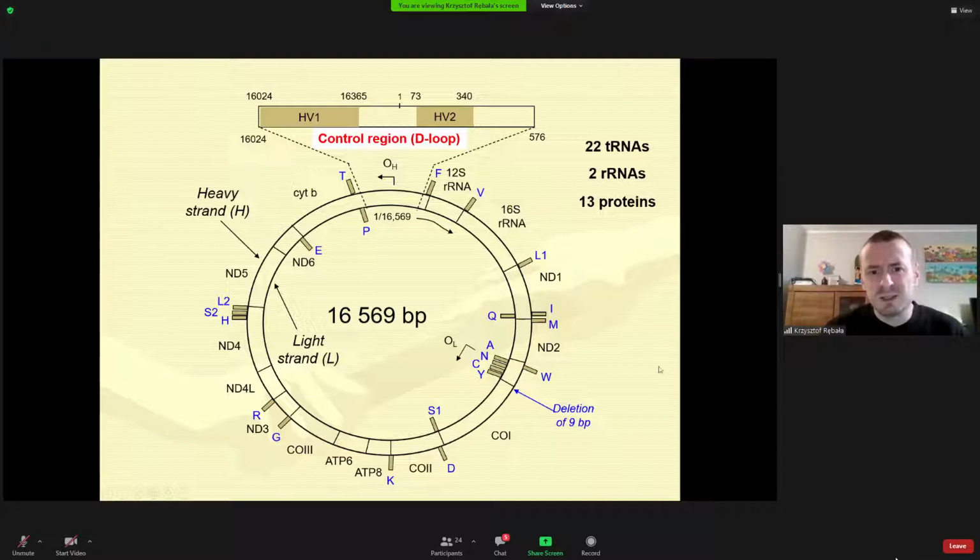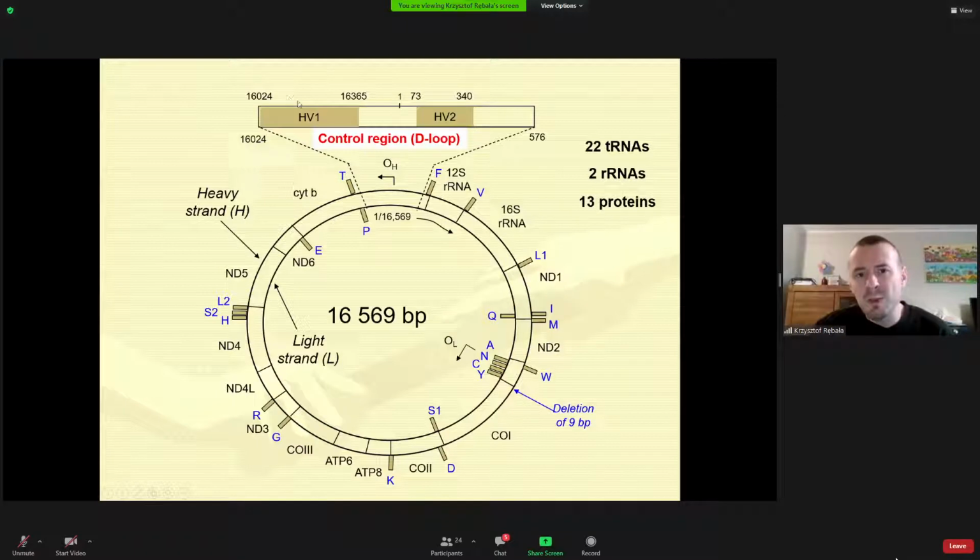This is the genetic structure of the mitochondrial DNA. The first mitochondrial DNA molecule which was studied and sequenced consists of 16,569 base pairs. Of course, we have 22 genes encoding tRNA, 2 genes encoding rRNA, and 13 genes encoding proteins.